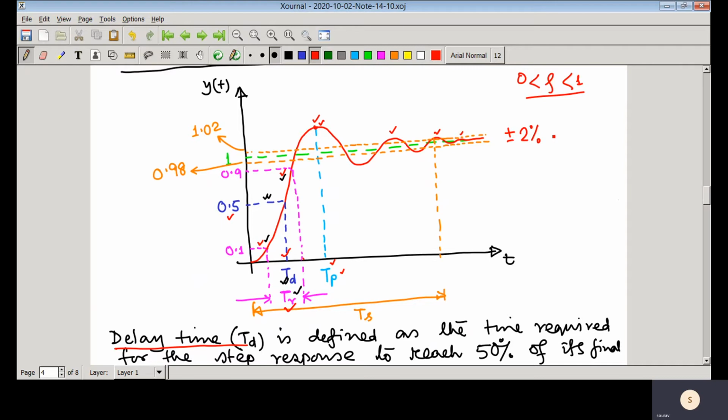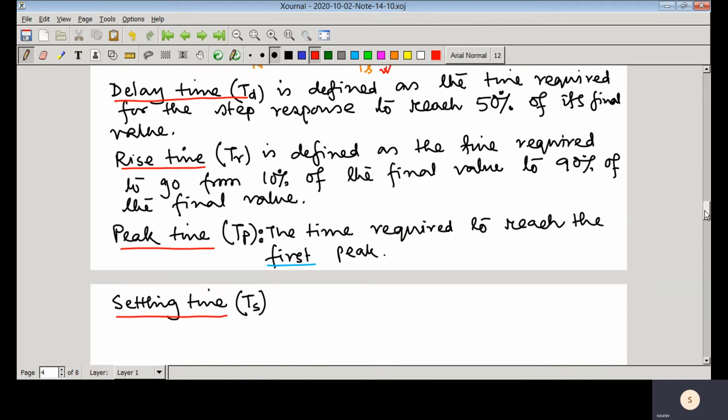So here the final value is 1, and if we take plus minus 2%, then this is the time required to enter and stay inside this plus minus 2% band. That means this oscillated response enters and stays inside this plus minus 2% band. So after the time Ts, this Ts is called the settling time.